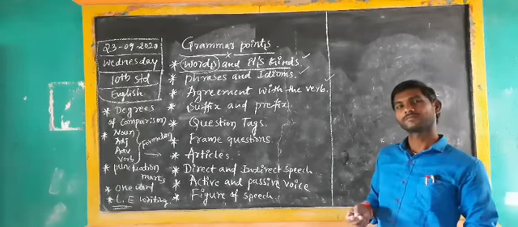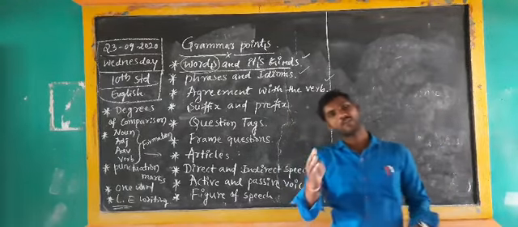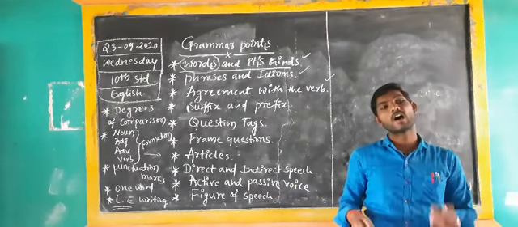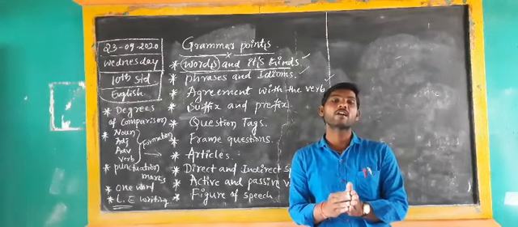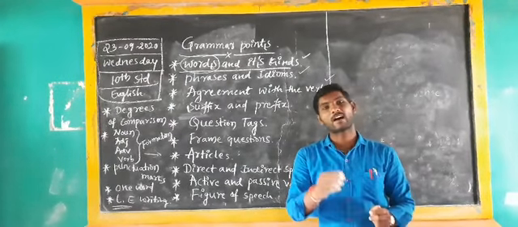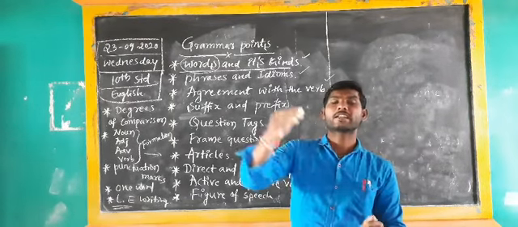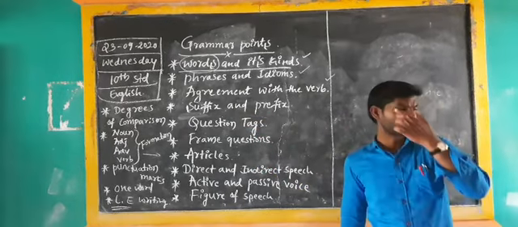The second one, antonyms, it has one more name, that is opposite words. Opposite means antonyms. Antonyms definition here: a word that gives the opposite meaning to another word is considered as antonyms. The final one is the homonyms.